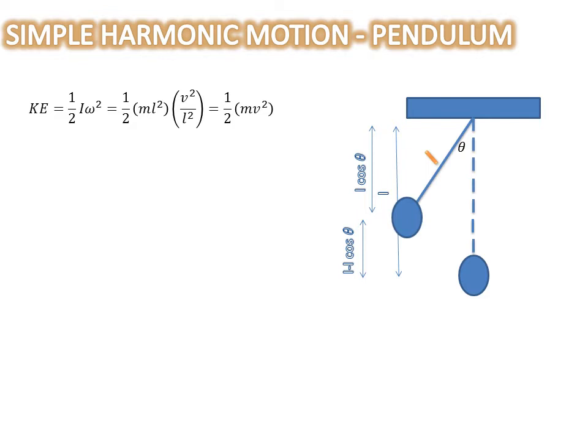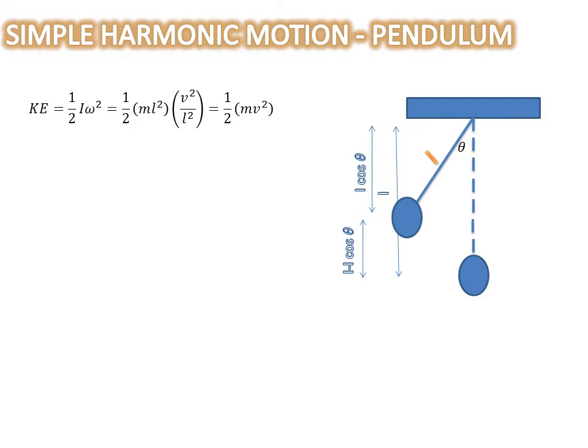I can use any one I want, any one I prefer, but here it's difficult to use the kinetic energy of translating movement because the ball is moving in 2D. In the translating movement, it's moving with respect to the x-axis and the y-axis.